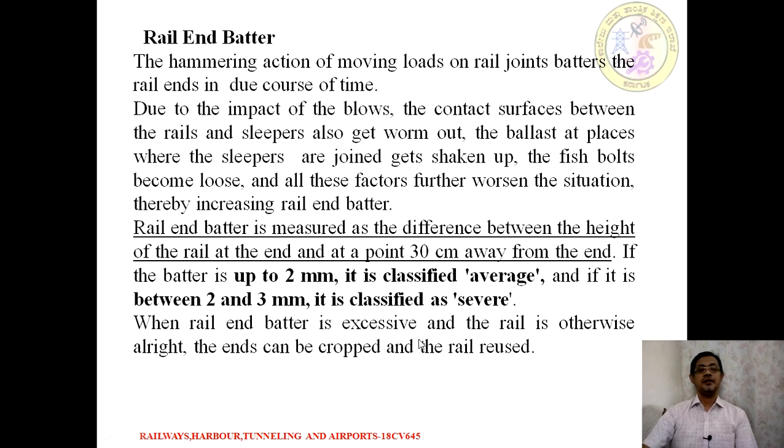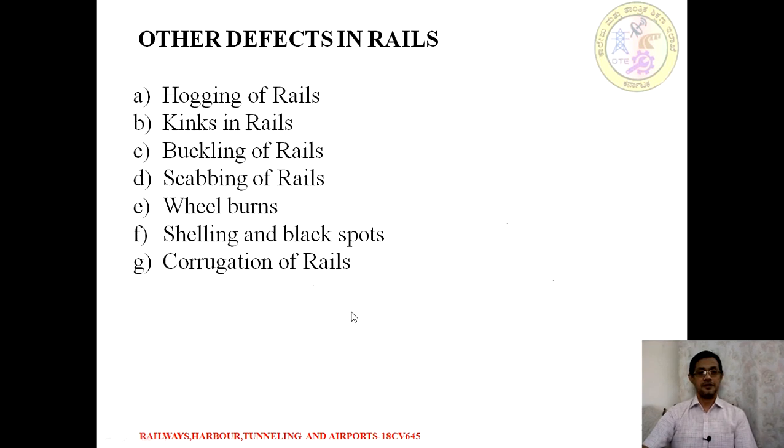When the rail end batter is excessive, the rail is otherwise alright, so it needs to be cropped and the rail can be reused. That is with respect to good maintenance practices.